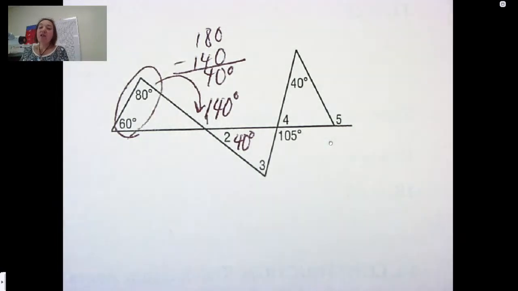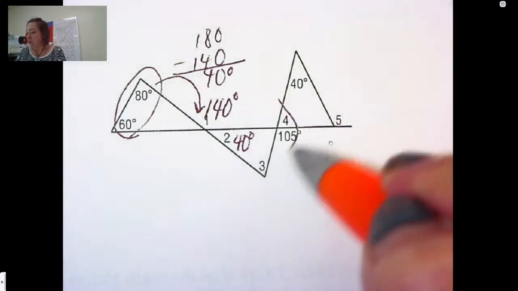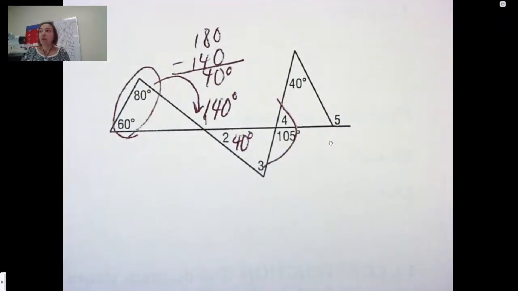Okay. Now, let's go back to that angle 4 we were talking about a while ago. Can we find that one now? What do we know about angle 4? What do we know about these two angles, y'all? They're supplementary. So can we find angle 4 by doing 180 minus 105?